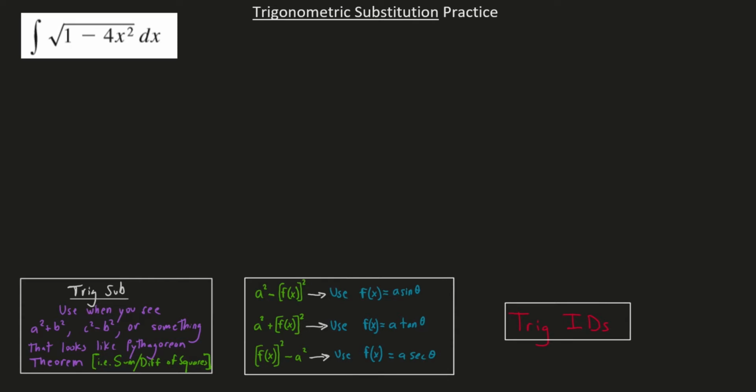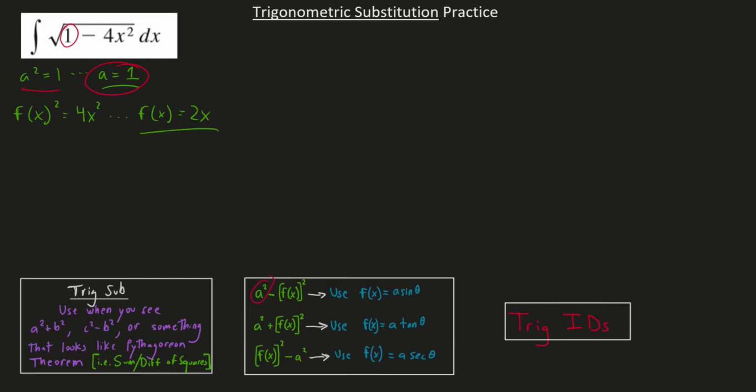So I look at my problem. I definitely see the sum or difference of squares, so I know trig sub is the technique to use. And it looks like this is the table entry I'm going to use, because I have a number squared minus something with x in it getting squared. So I know a squared is 1, so I take the square root.